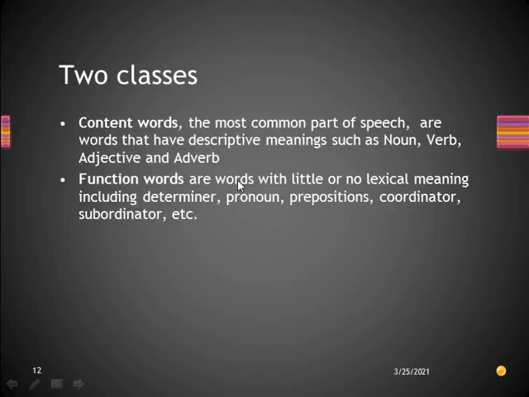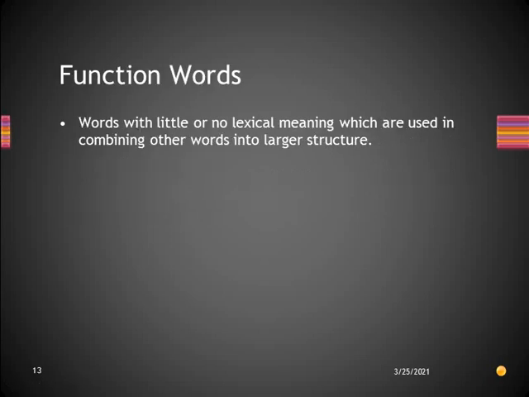Content or lexical class means that they have descriptive meaning, so it's more about those four major parts of speech. Function words itu selainnya yang memiliki grammatical information, yang biasanya have only little or no lexical meaning. What are they?